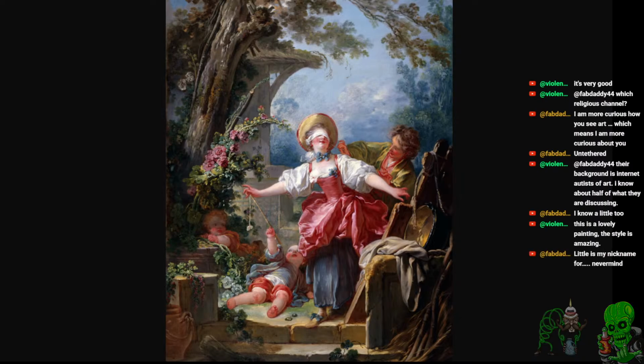So let me read my blurb here. Again, painted between 1750 and 1752. It's oil on canvas, and it measures 46 by 36 inches, or 116.8 by 91.4 centimeters. And this is currently in the Toledo Museum of Art in Ohio. Now, when I first saw Toledo Museum of Art, I thought Spain.